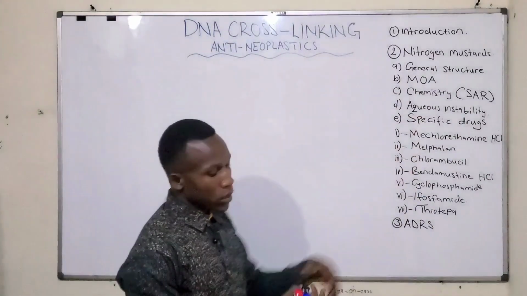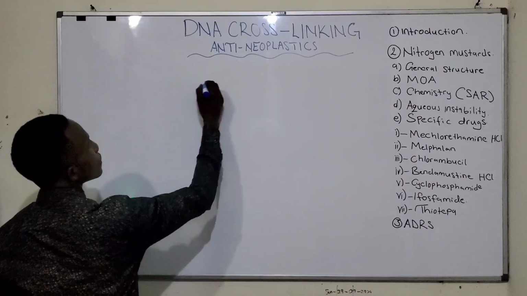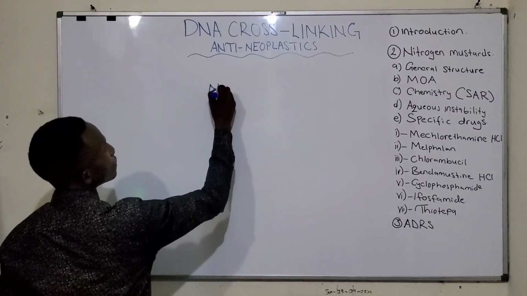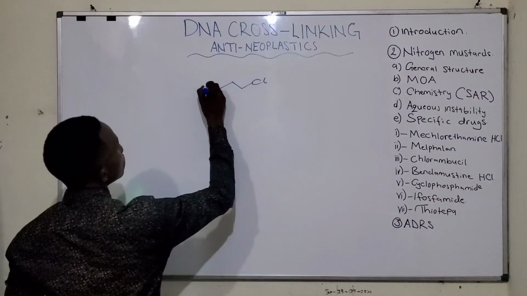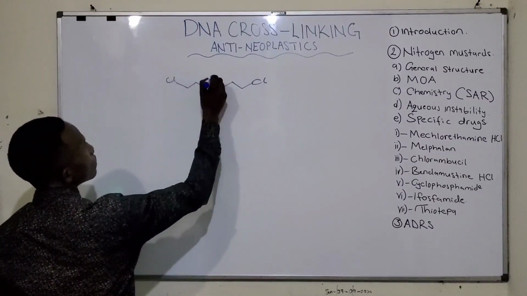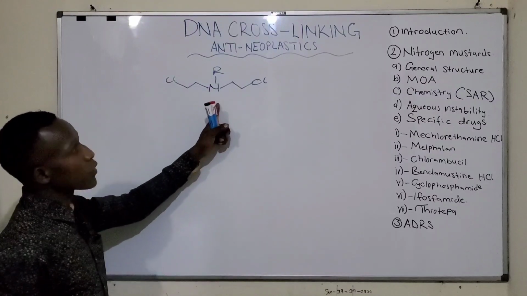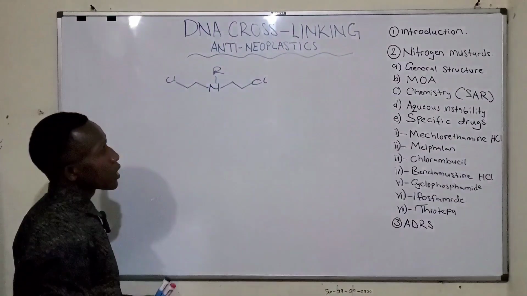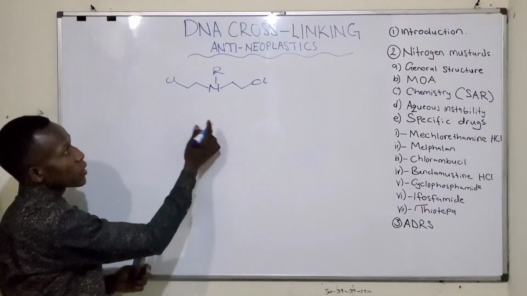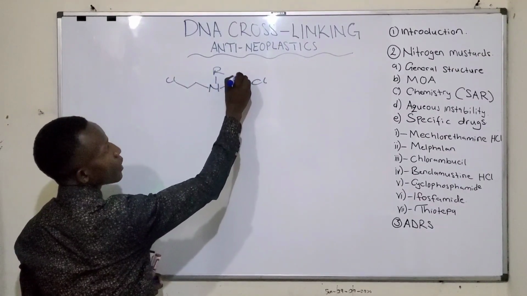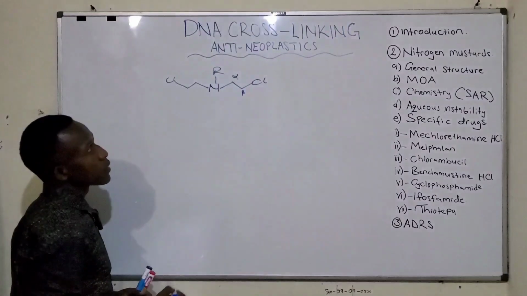For the general structure, these nitrogen mustards have this structure. This is the general structure of the nitrogen mustards. We shall see some deviations, but the structure is this one. This is the alpha carbon, and this is the beta carbon.